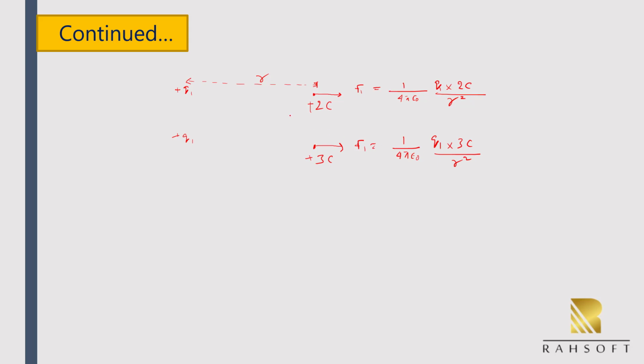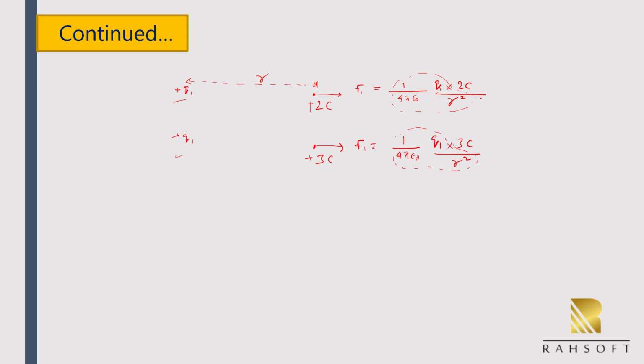Here you can see that in both cases the source charges are the same, plus Q1 and plus Q1, and this term is also the same, 1 over 4 pi epsilon naught Q1 over R square. So this is the common term here.